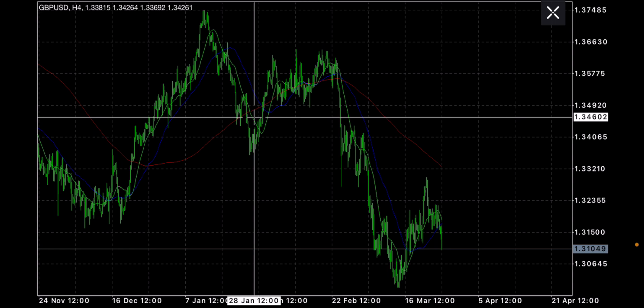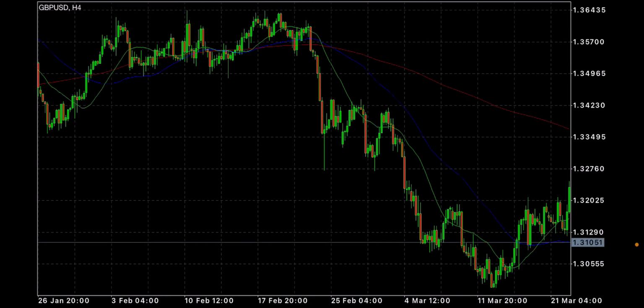Okay. So if what the government and Fed are doing is working, then the US dollar is going to get stronger. If it is not working, then we will see the US dollar get much, much weaker. Okay. Now, with this said, let's go ahead and break down what is happening on the charts.